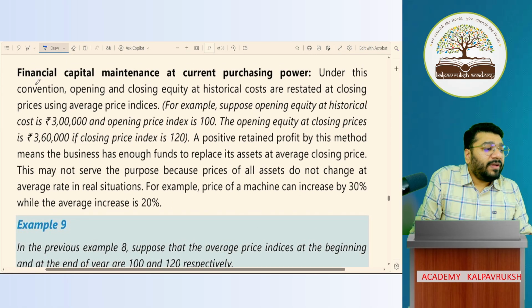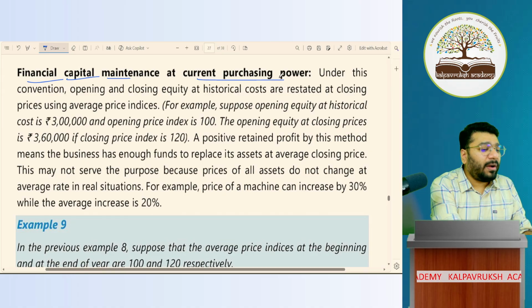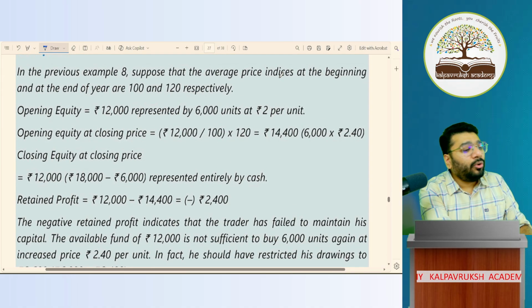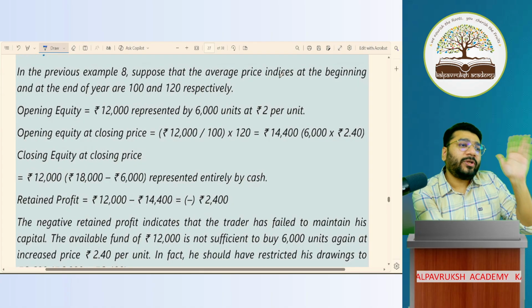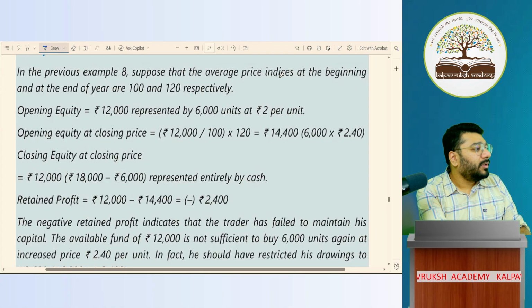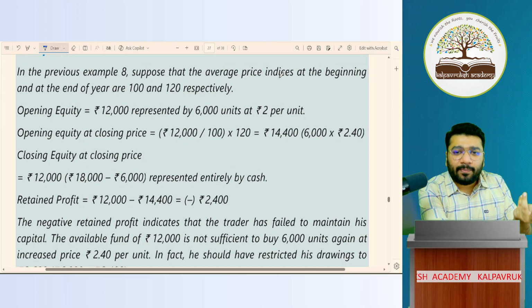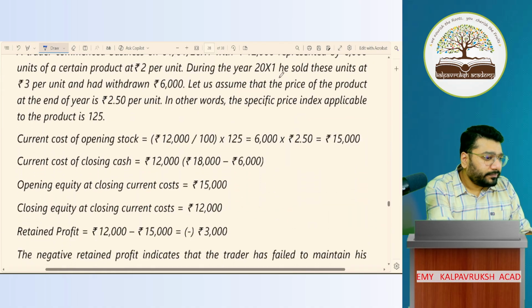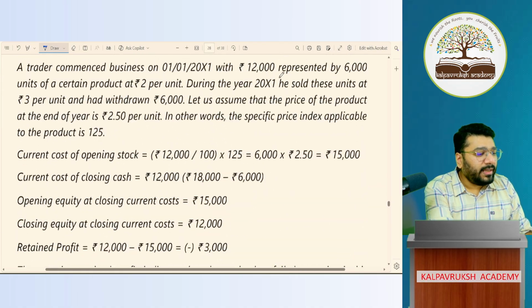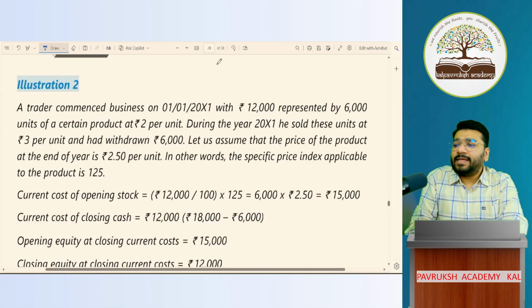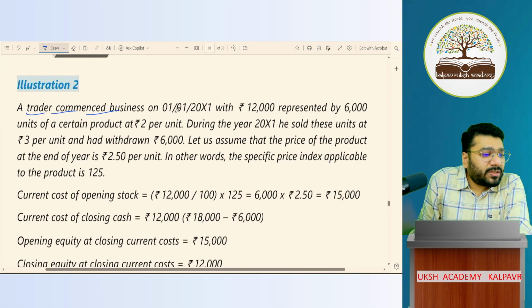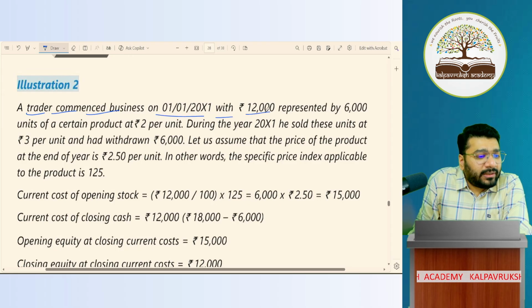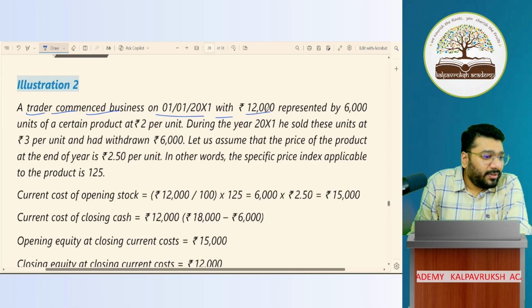Now, financial capital maintenance at current purchasing power. Can I ignore this example and do one question directly from your module? Now that you understood the concept, no need to go through the example. You can take the example as homework. Same thing is indicated. Illustration 2 says a trader commenced business on 1/1/2001 with 12,000. Same thing.